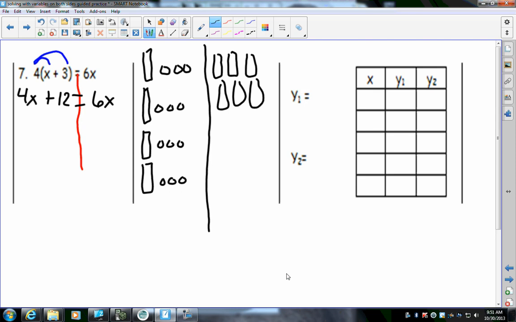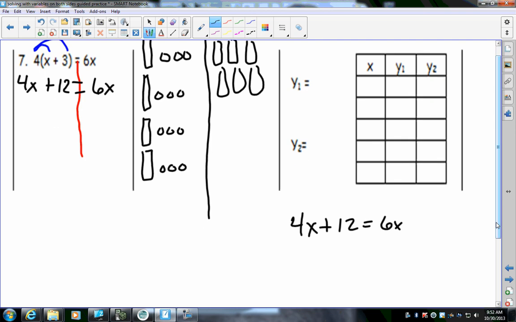Now, I want to show you that on this kind of problem, it's actually better to move your x's to the right. I know I kept saying left, but I'll show you both ways. If I moved my x's to the left, the way I've been showing you, I would take 6x and subtract it from both sides. 4x minus 6x is negative 2x, plus 12 equals, and 6x minus 6x is 0.